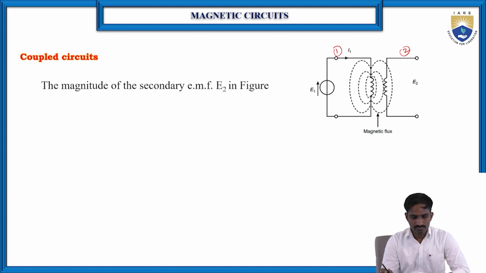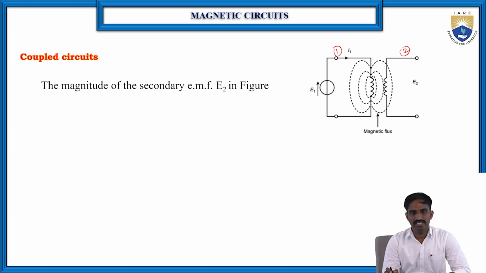Let us consider E1 is the EMF induced in circuit 1 and E2 is the EMF induced in circuit 2. When we apply an EMF E1 to the primary circuit, a current flows through it, which means there is a change in the current flowing through circuit 1.